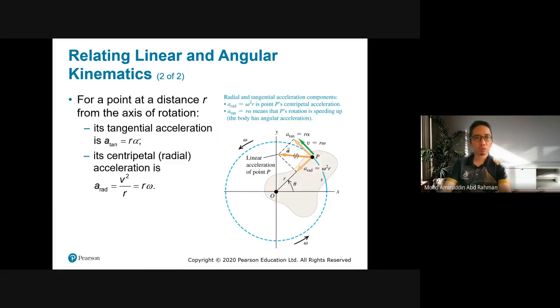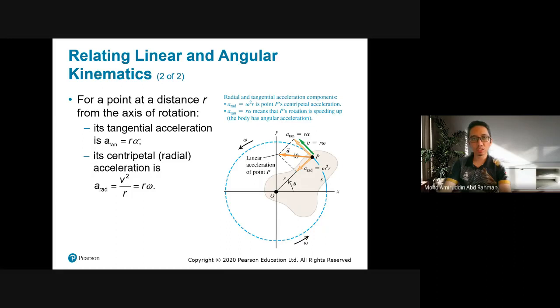For a point at a distance r from the axis of rotation, we have an acceleration. Before that we already defined the velocity. Now we want to define the tangential acceleration. The tangential acceleration is r alpha, where alpha is the angular acceleration.